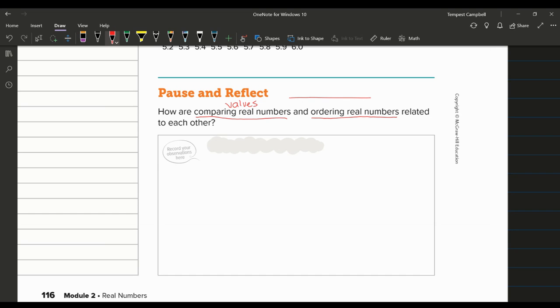And whenever we order them on a number line, that's how we can compare their values, because we know if we go to the right, we're going to go up or positive, and if we go to the left, it's going to be negative. And then we can see where they fall on the number line, and that's going to tell us which ones are greater and which ones are not.